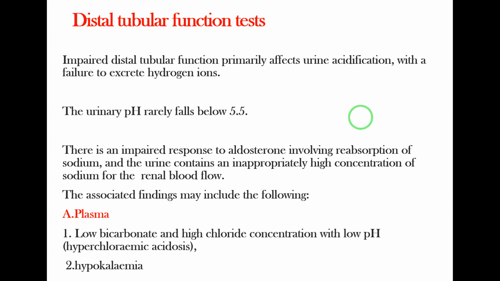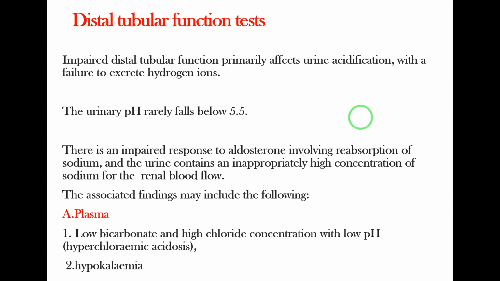What about the defect that occurs in the distal tubule? In the proximal tubule, the main defect was in the isoosmotic water reabsorption. It affects the countercurrent multiplication. In the distal tubule, mainly the defect will affect the acidification of the urine, which is the production of an acidic urine.